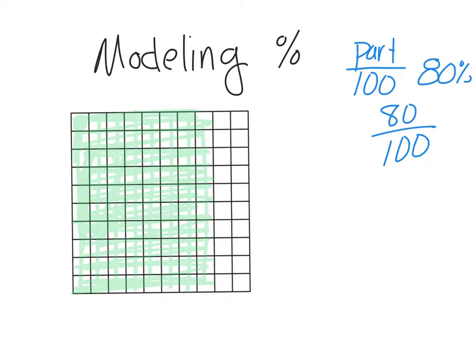This will help you write it in decimals as well, that this is 0.80 or 80% of the box, because these are each 1/100th. So 80 100ths is 80%.